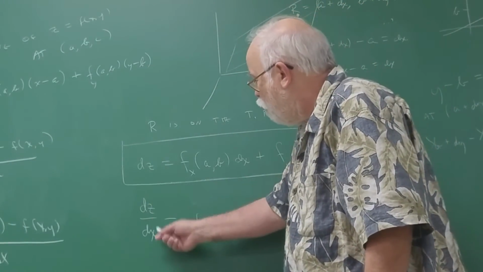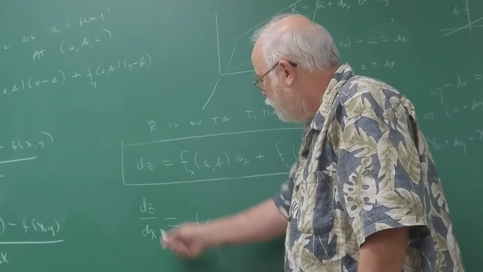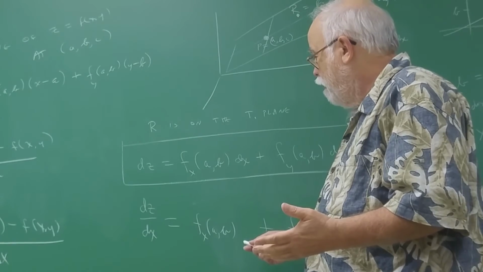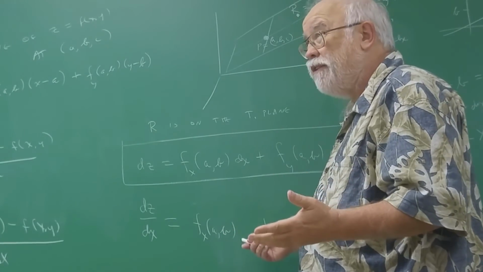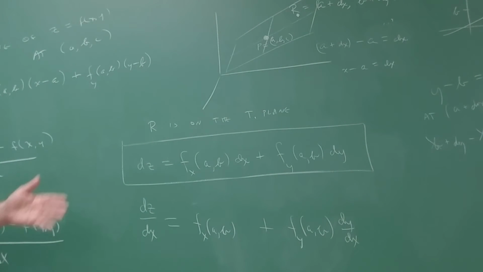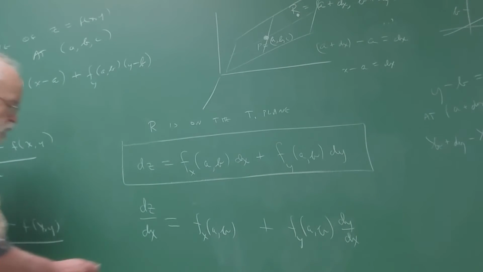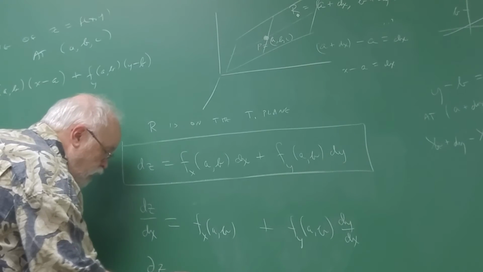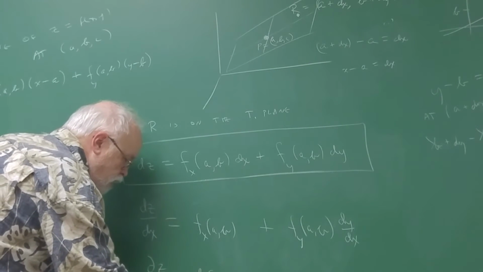And that's why they don't write dz dx for an x partial. They just use other symbols. They use del's instead of d's. So del z, del x is f sub x of AB.